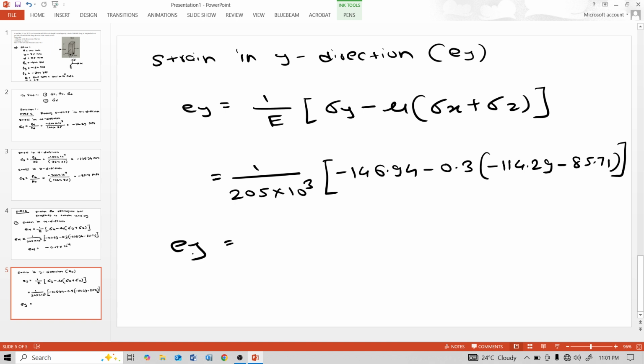That means minus 146.94 plus 60 divided by 205 into 10 raised to 3. Minus 4.24 into 10 raised to minus 4 is the strain in y direction.